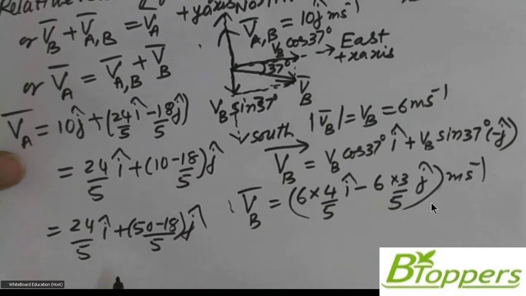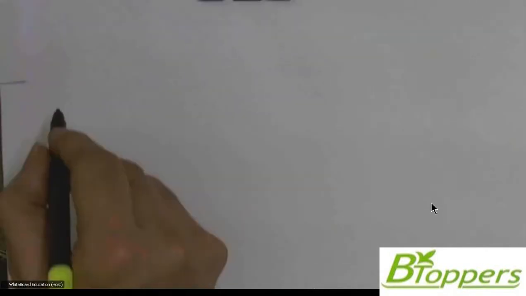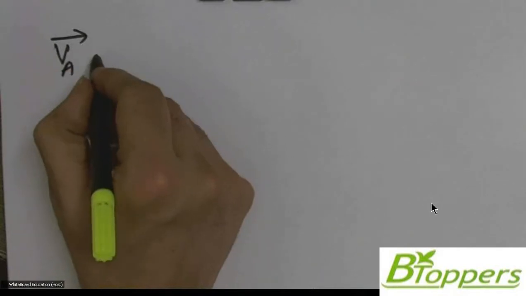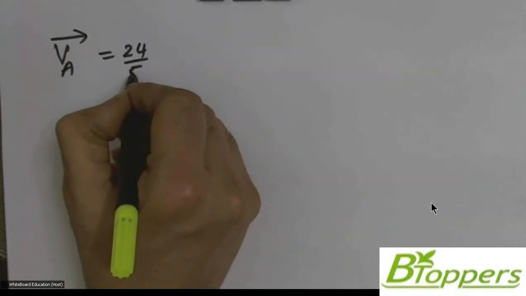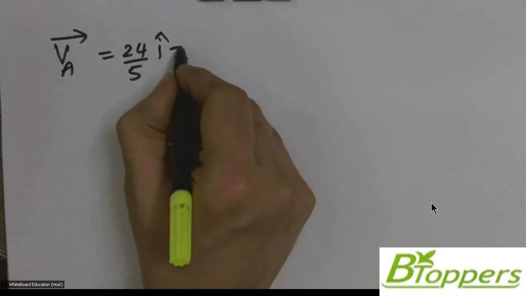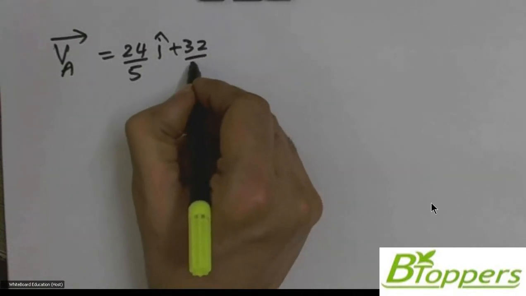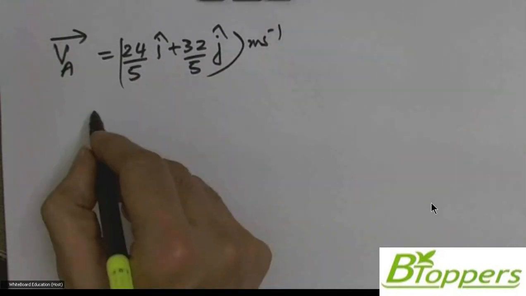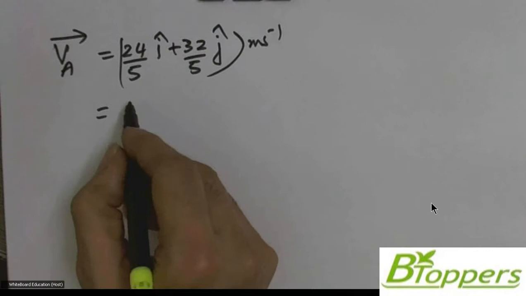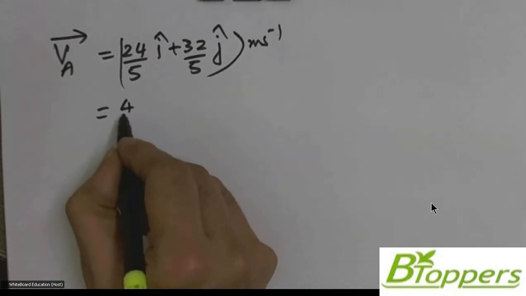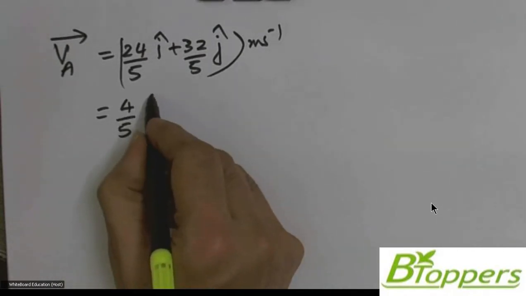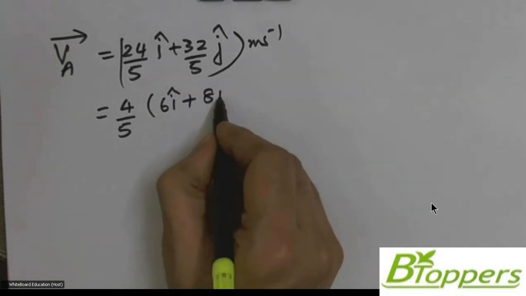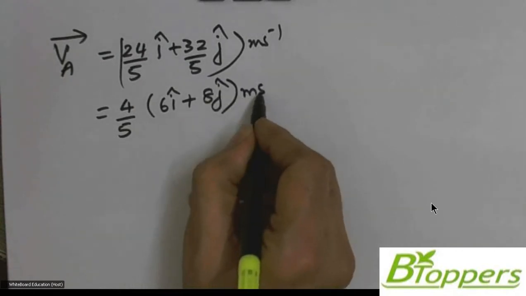That can be written as VA bar equal to 24 by 5 i cap plus 32 by 5 j cap meter per second. This you can write taking the common factor there. You can take 4 by 5 into 6 i cap plus 8 j cap meter per second.